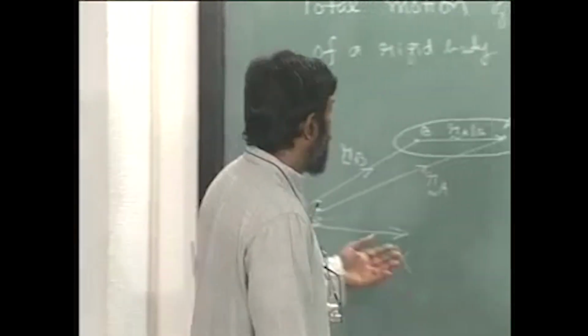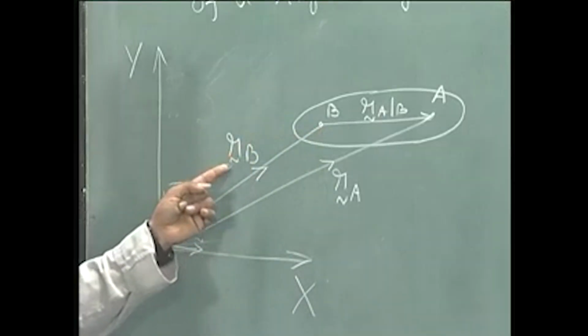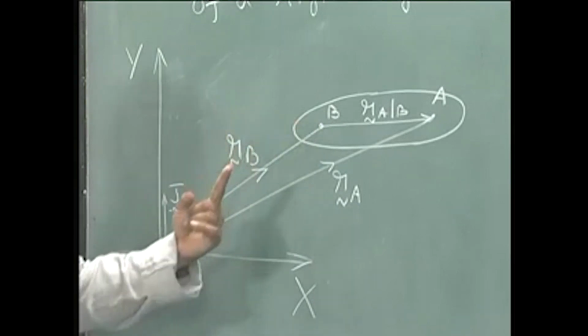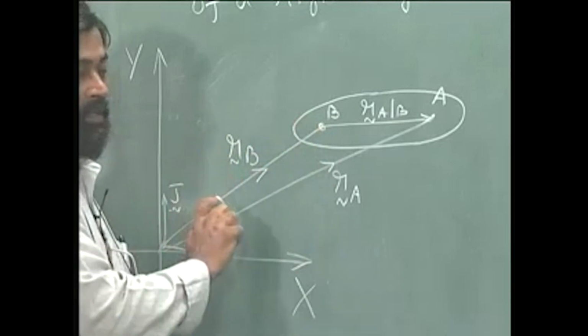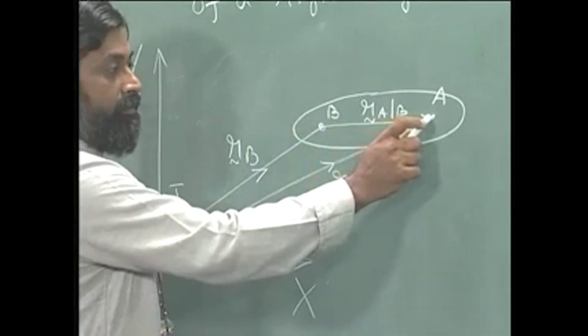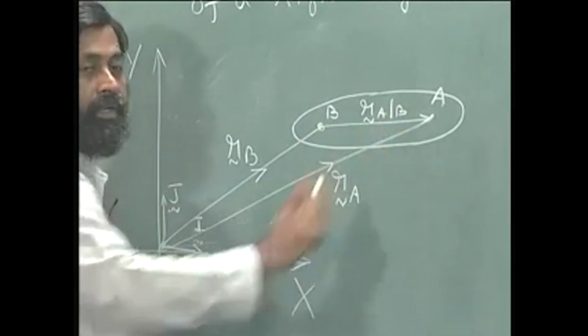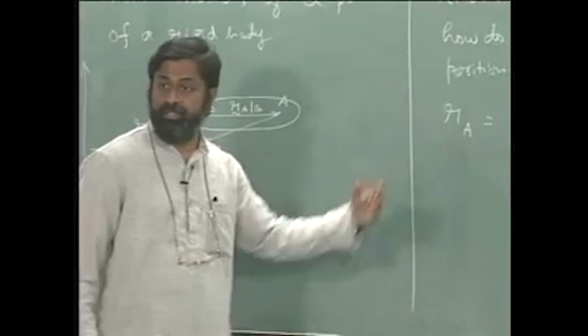So, pictorially, if this is the location of B, I have put a vector symbol over here because this is a position vector. Given the position vector of B and the relative location of A with respect to B, I can find out the location of A. That is basically what this means.